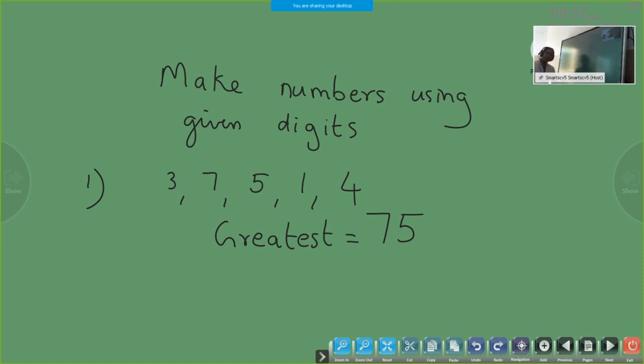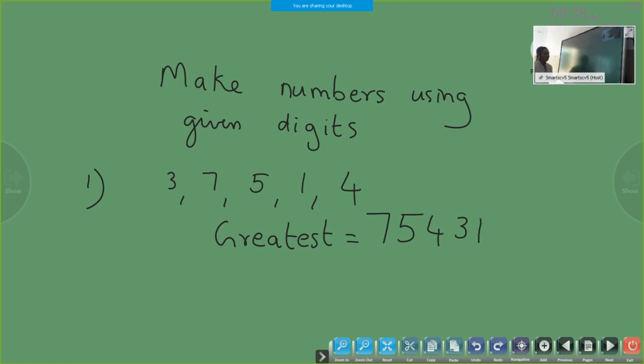If 5 digits are given, to find the greatest number, we arrange the digits in what? Descending order. So when you arrange, it is 7, then 5, then 4, 3, 1.